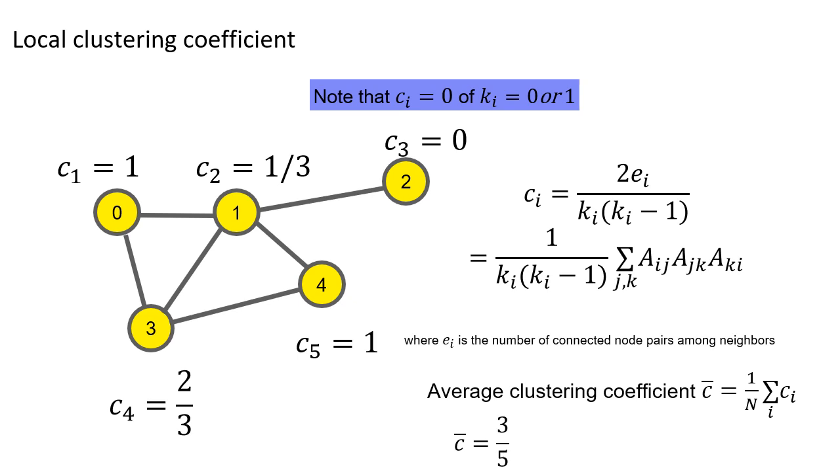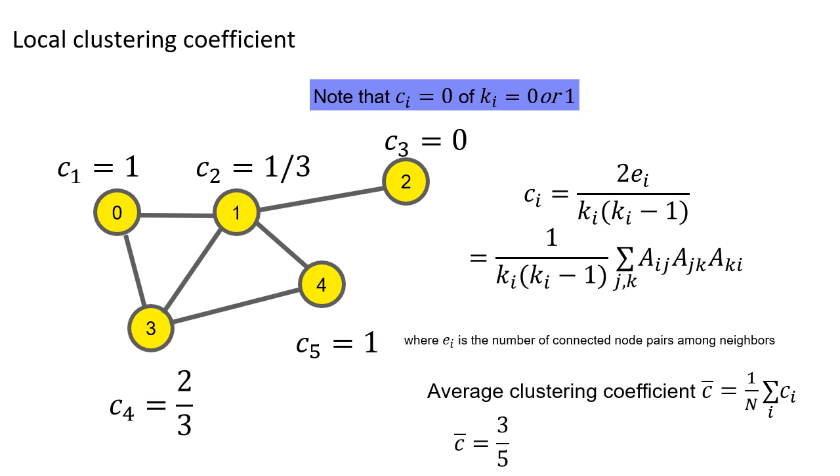Then let's move to the second topic, the clustering coefficient. First is the local clustering coefficient. I define the local clustering coefficient like this. For example, consider the first node. The first node has degree 2.